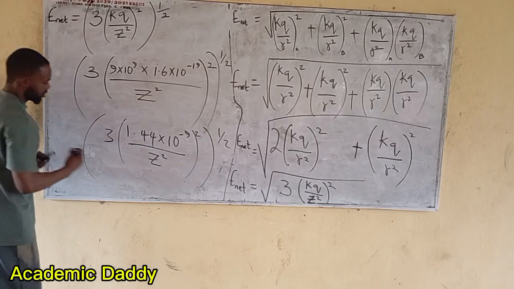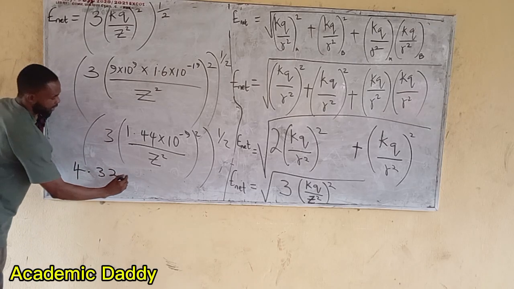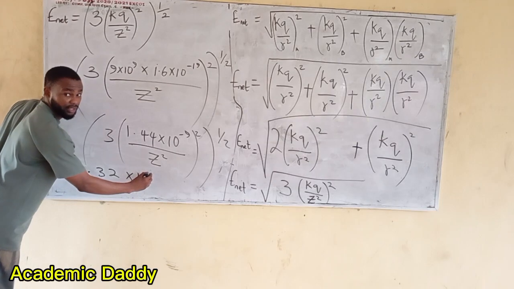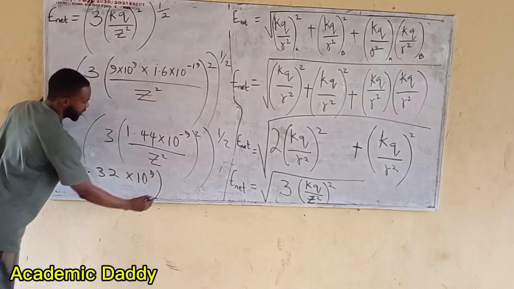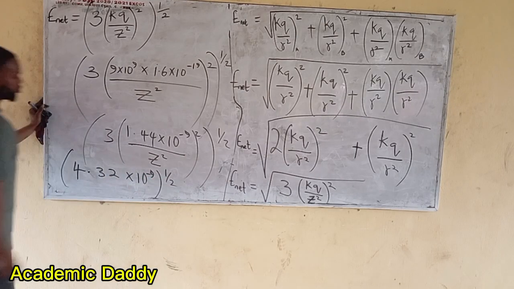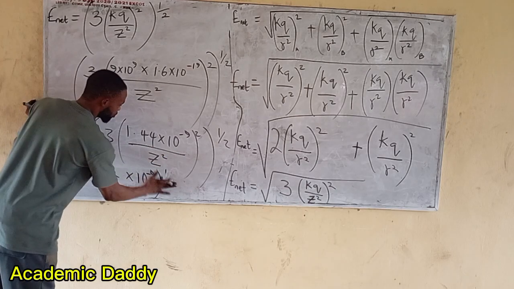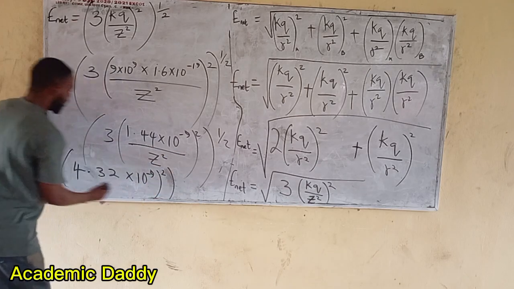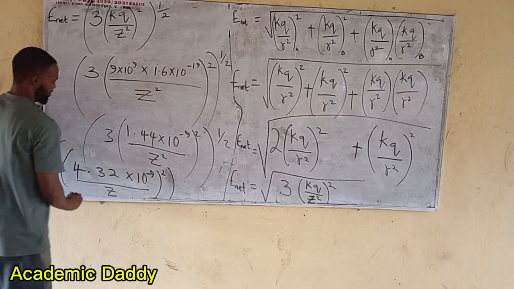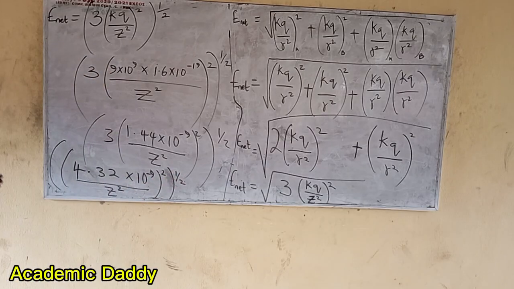4.32 times 10 to the minus 9, over Z squared, all raised to power 1/2.